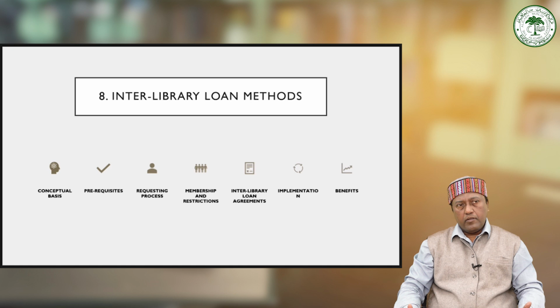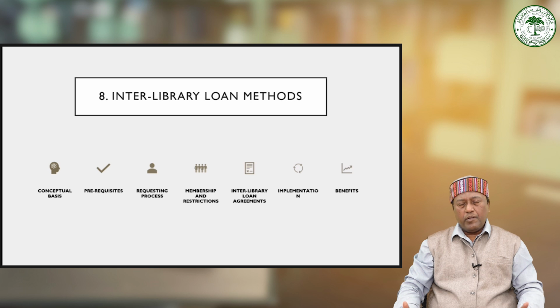Just suppose a member of library A needs a document from the collection available in B. The user, through the circulation section, can approach library B, and if no user is using that particular document, it can be loaned out to A, and vice versa. The same can be done with any other libraries.